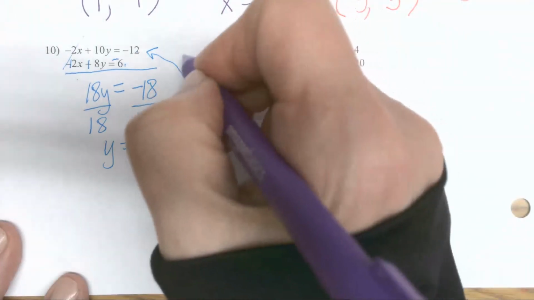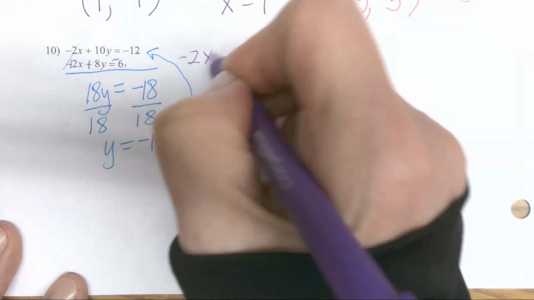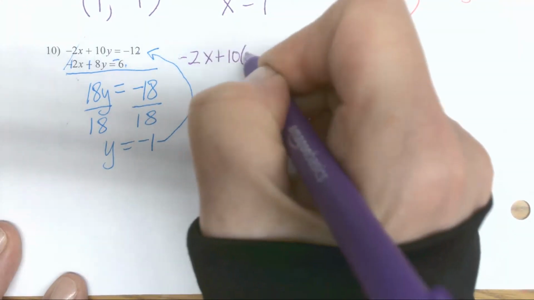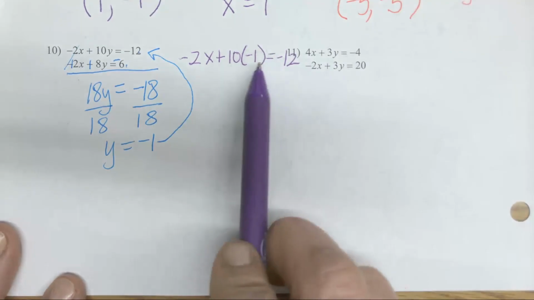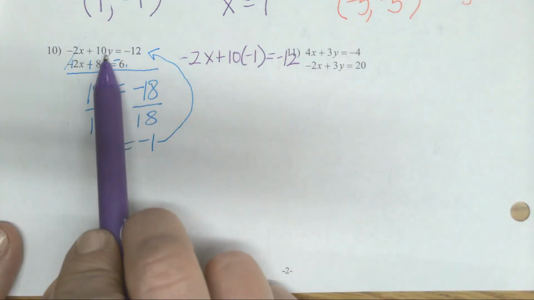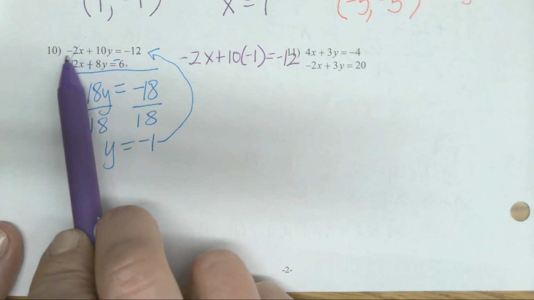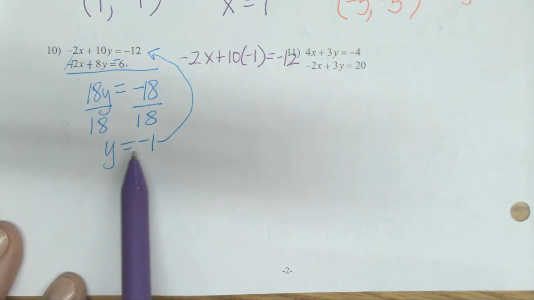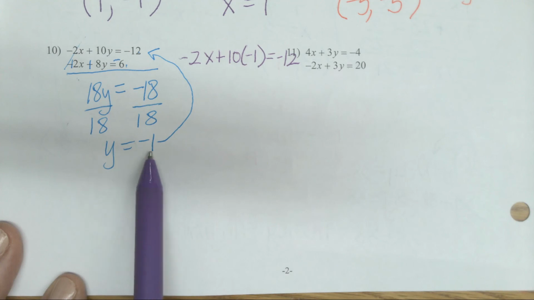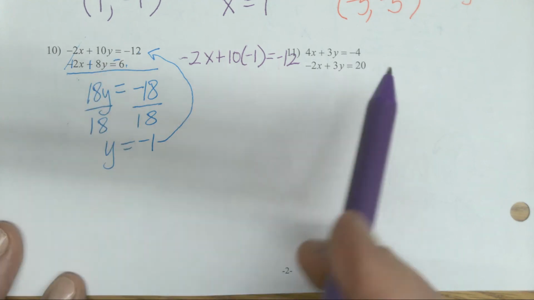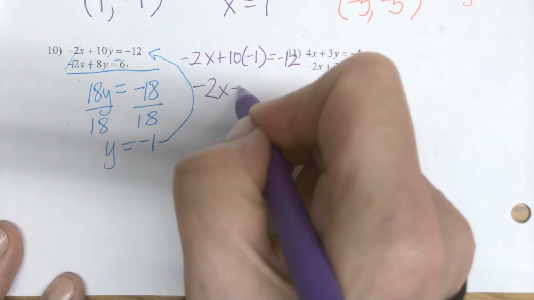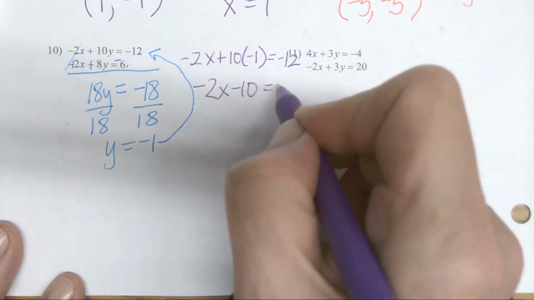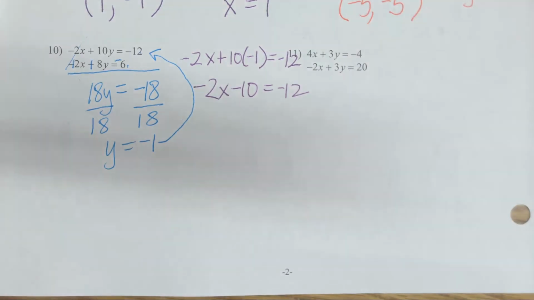I get negative 2x plus 10 times negative 1 equals negative 12. Why did I put it in by the 10 and not by the negative 2? Because it's y, yeah. I know what y is, so y is what I replace. So this is negative 2x minus 10 equals negative 12. And again, now I'm in a position where I solve.